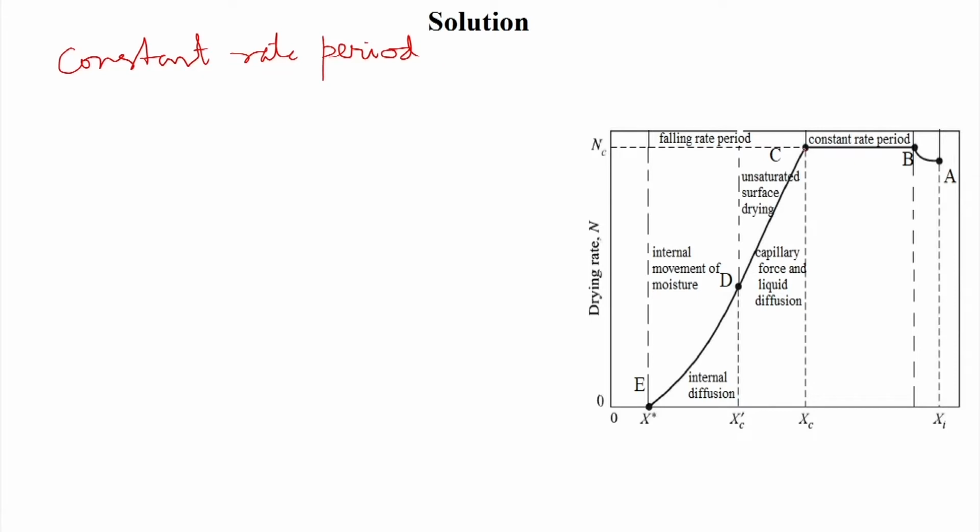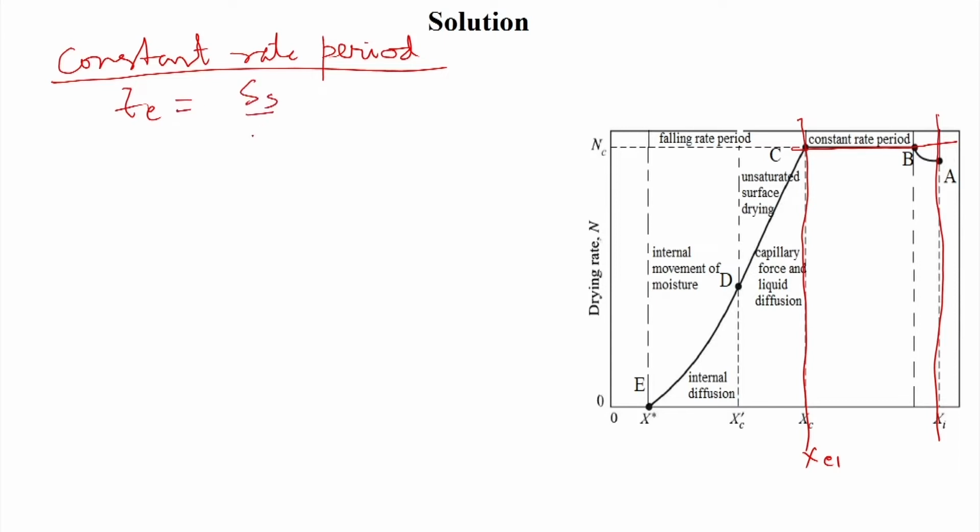So, for this period we can say from xi to xc1. For the drying time calculation, Tc is equal to Ss by A Nc into (xi minus xc1).